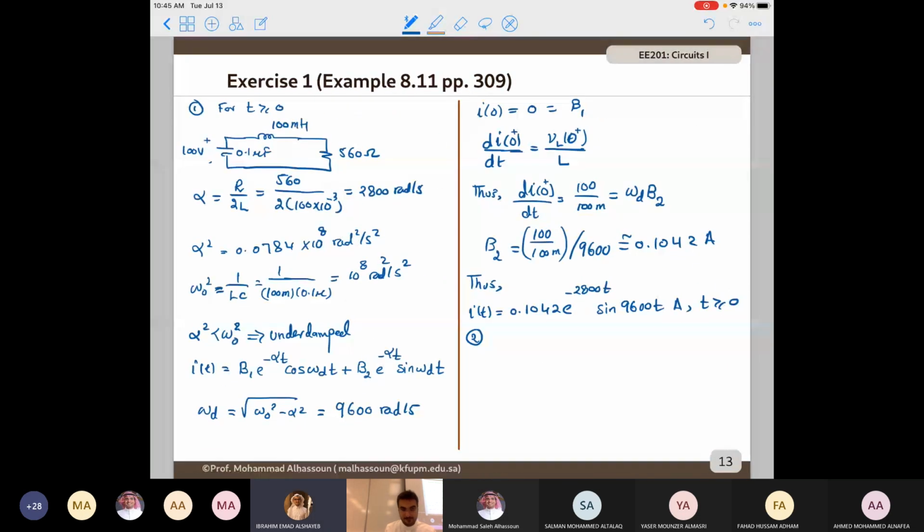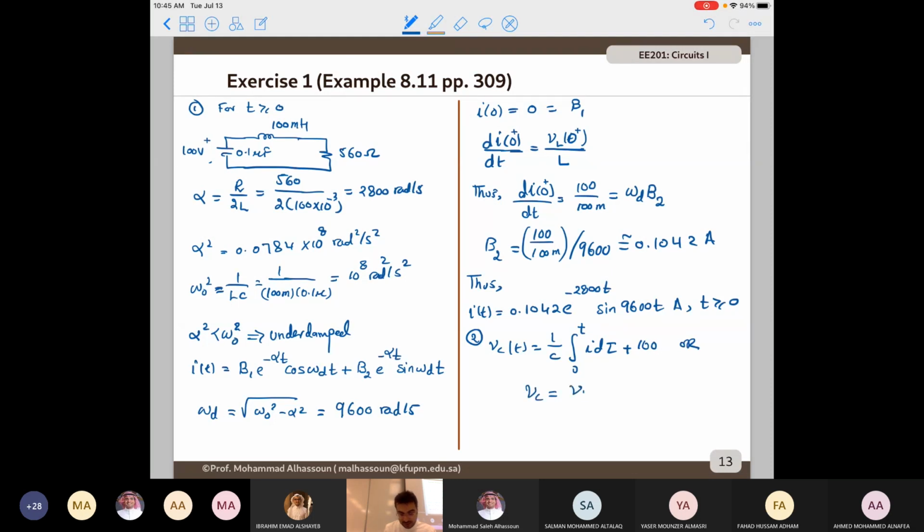I think we can use 1 over C, the integral of the current plus the initial value of the voltage. Yes, exactly. That's one option: 1 over C, integral from 0 to t of i d tau, plus the initial voltage, which is 100. Or you can apply KVL.